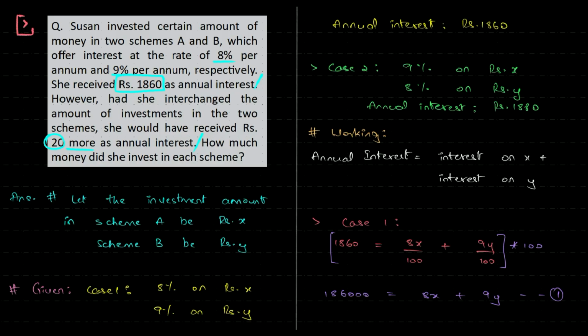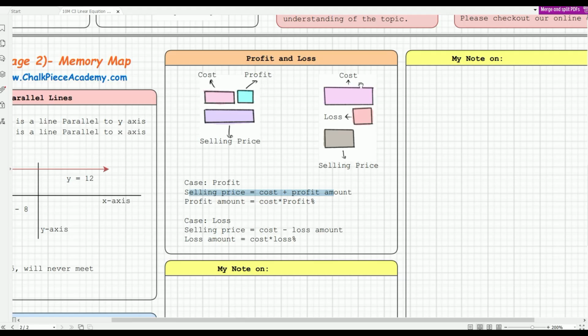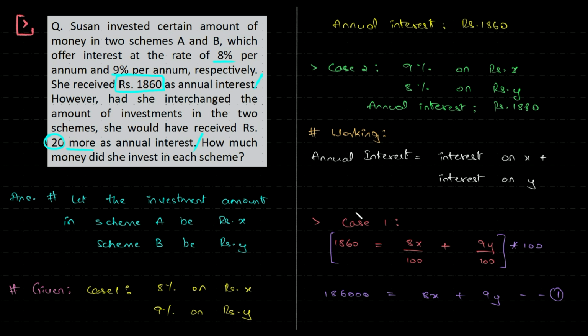Till now we have been talking about cost and profit, cost and loss and so forth. But here it's purely interest. So directly we are writing interest, like talking about profit amount. That difference is what I want you guys to understand. It is the interest amount they're talking about, not along with the invested amount. It's not the total amount. Altogether she has invested 22,000, and on this the interest is 1860.